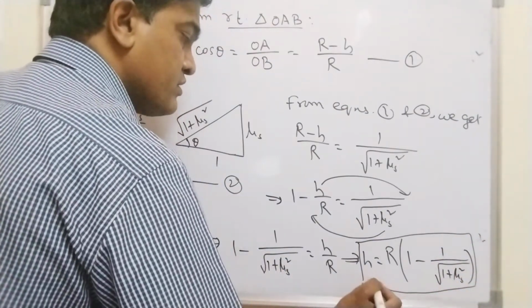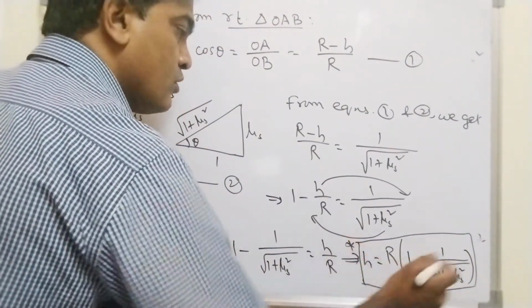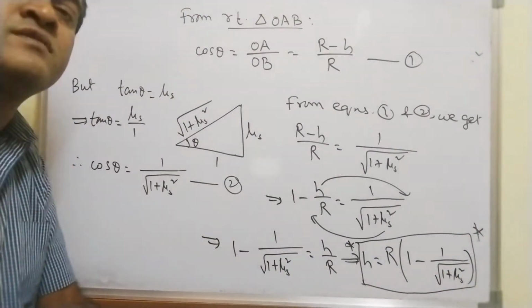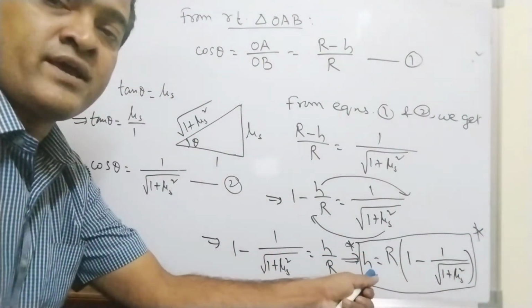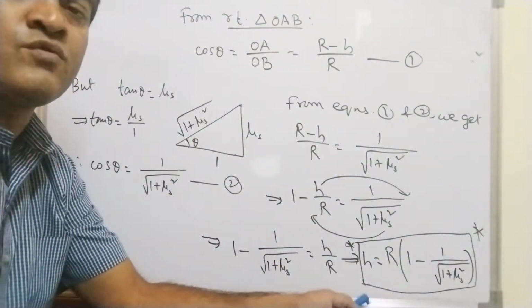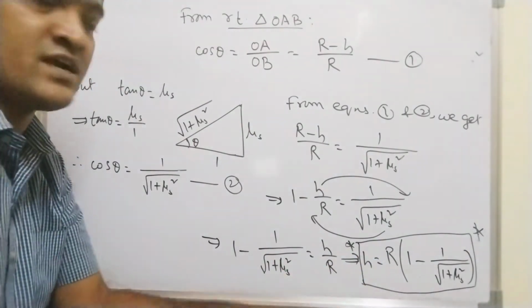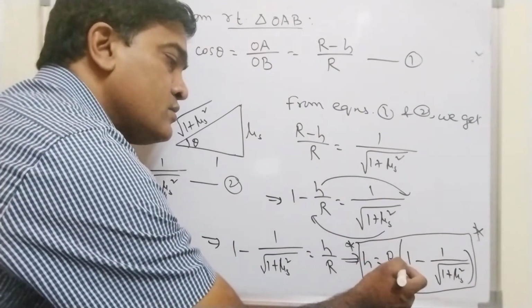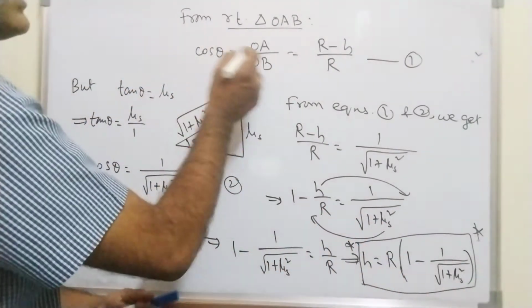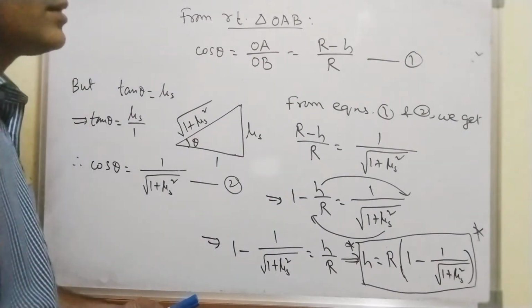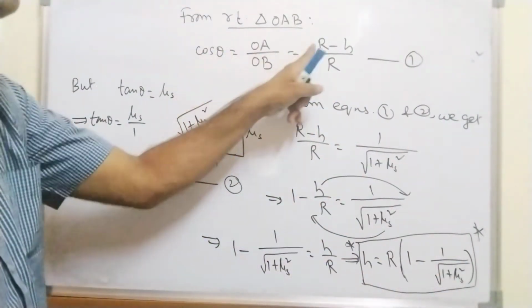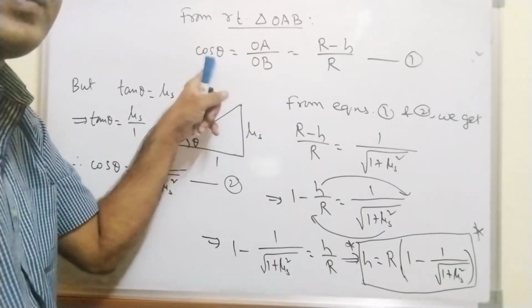So, in a given problem, if the radius of the ball is given and the coefficient of friction is given, to find H, this is the formula. If you want, you can remember this as a standard formula. Sometimes, without giving the coefficient of friction, he will simply give the radius and the angle theta.